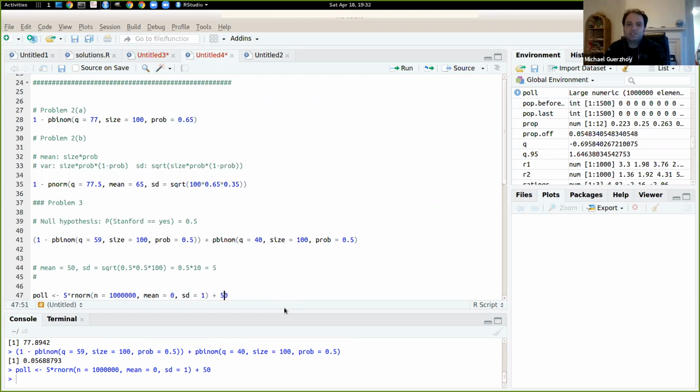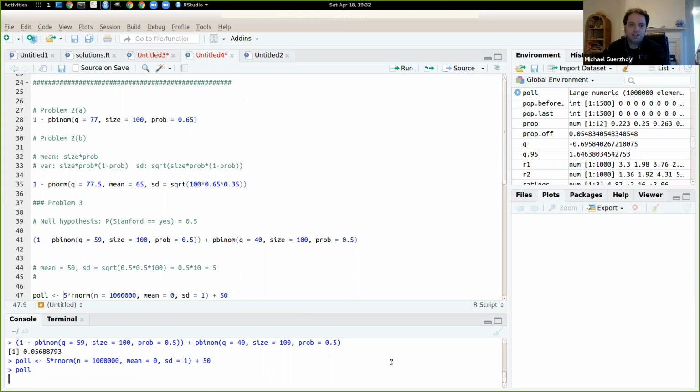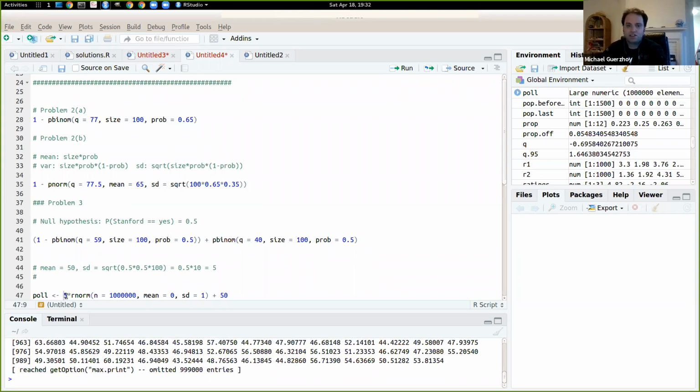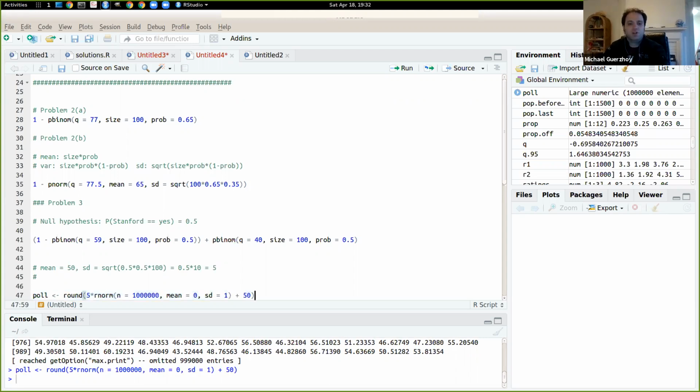Here we might consider rounding so that we don't worry about fractional votes, because the poll looks like this, so those are not like number of yeses. We can round using round. So the poll is going to be like this.